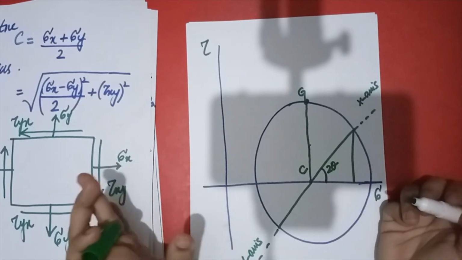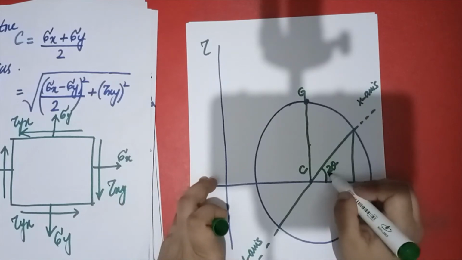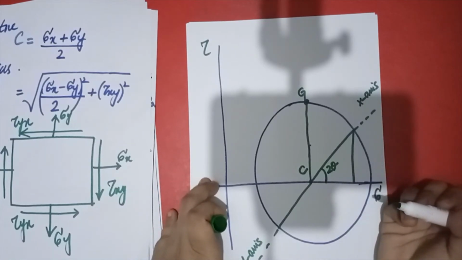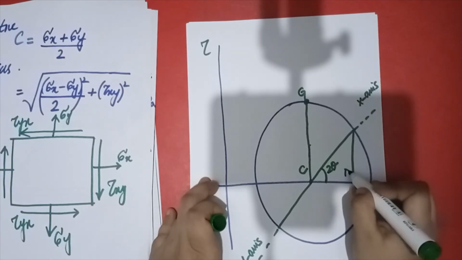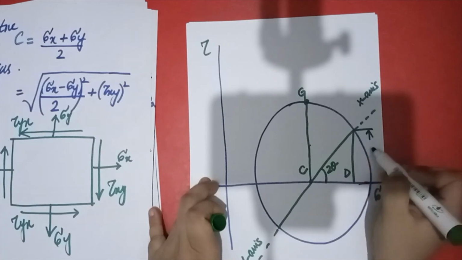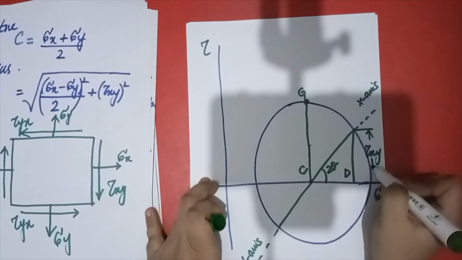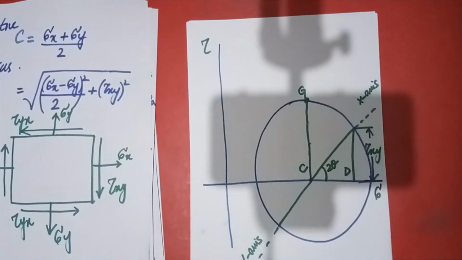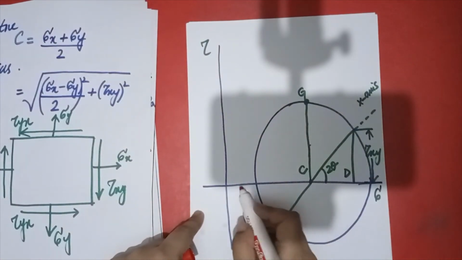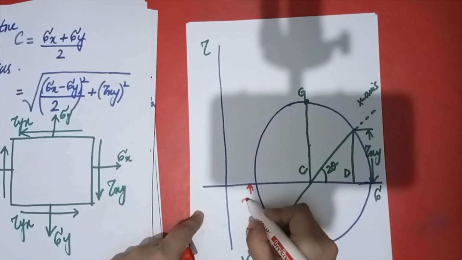On your normal plane, that is theta, and you have to take twice theta for the Mohr circle. This is the rule. Now it is D, and this height is tau xy. This height should be tau xy, and this height should be tau yx.